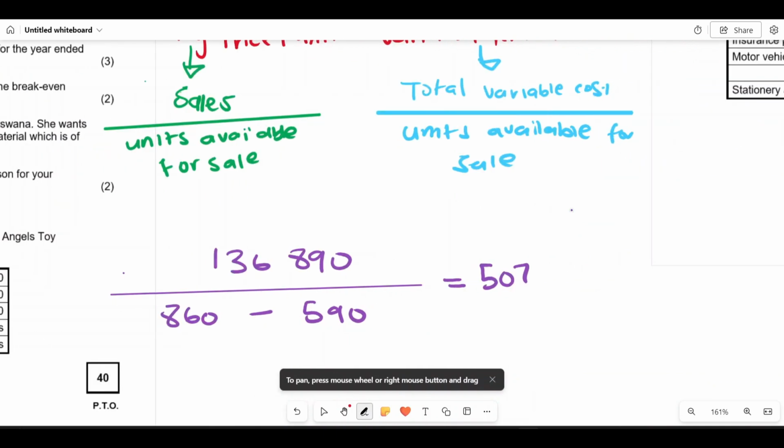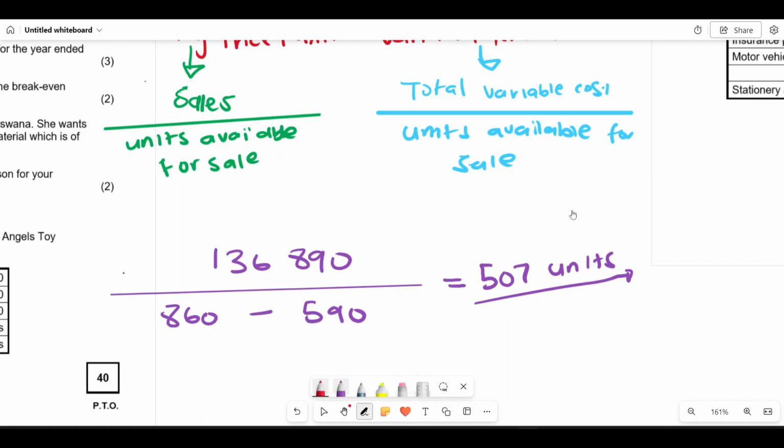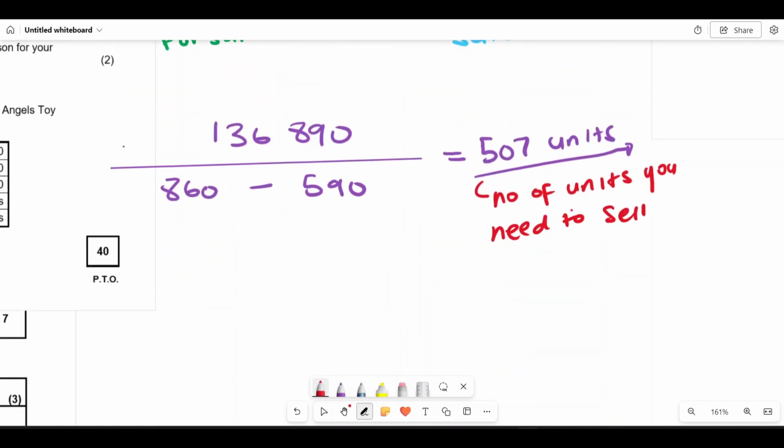Now remember, what is your break-even point, right? So to be specific, what does this 507 units represent? These are the number of goods you need to sell before you can start making a profit, right? So let me write that down. Number of units you need to sell before you can start making a profit.